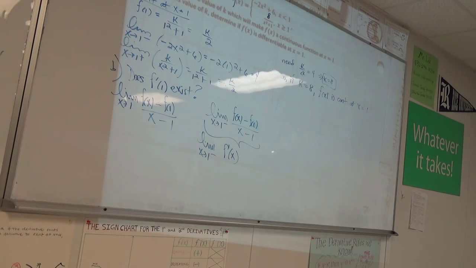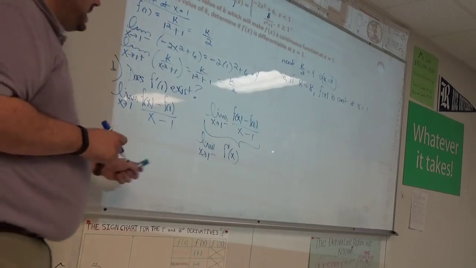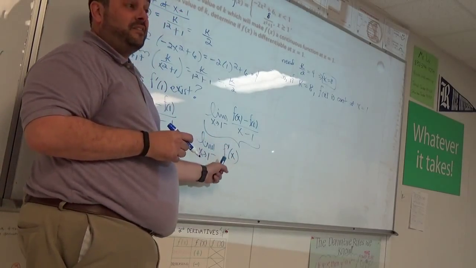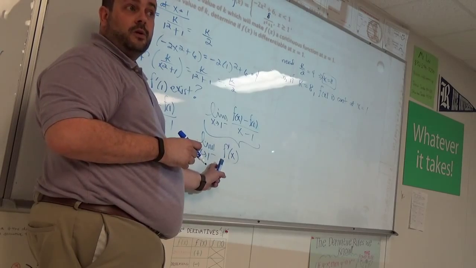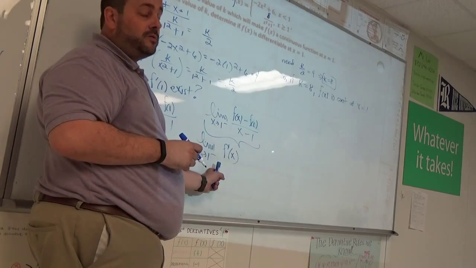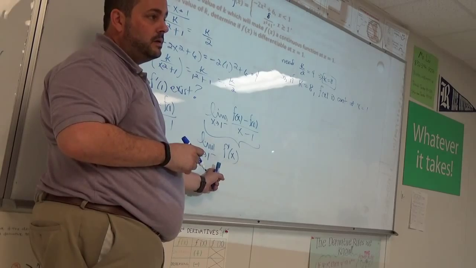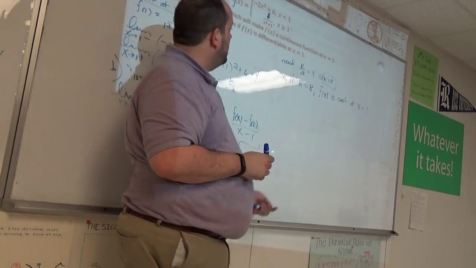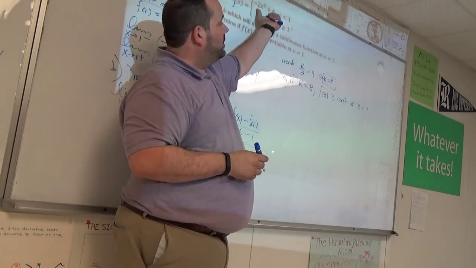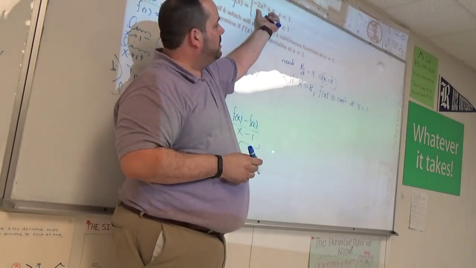What's f prime? If I'm approaching from the left, what's f prime? Don't overthink it. Marvin, what's f prime going to be? Negative 4x. How did you get that? Multiply the exponent, negative 2, and power minus 1 equals 0 (the power rule).